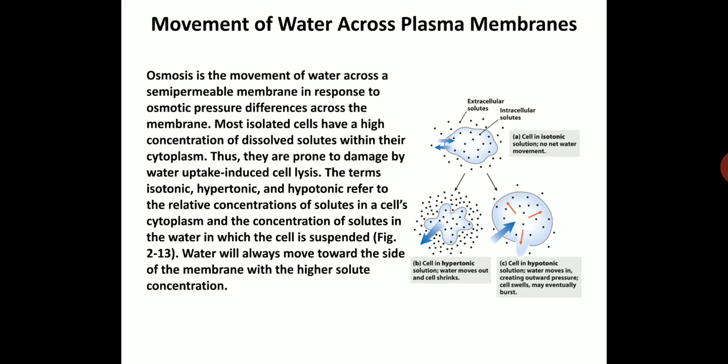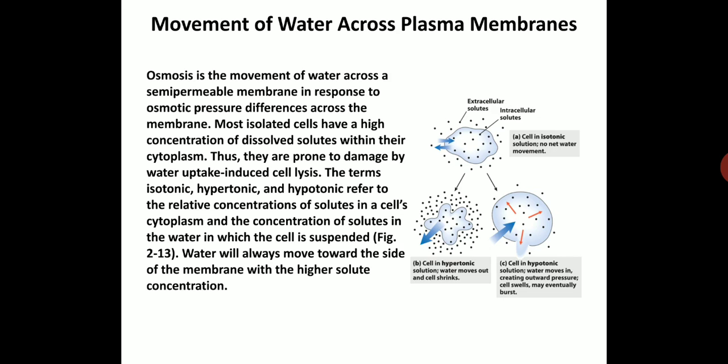Now we'll see movement of water across plasma membranes. Osmosis is the movement of water across a semi-permeable membrane in the presence of an osmotic pressure difference across the membrane. We all know this. Most isolated cells have a high concentration of dissolved solutes within their cytoplasm. Thus, they are prone to damage by water uptake induced cell lysis.